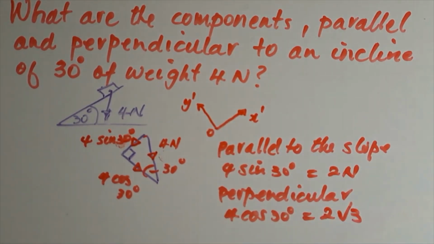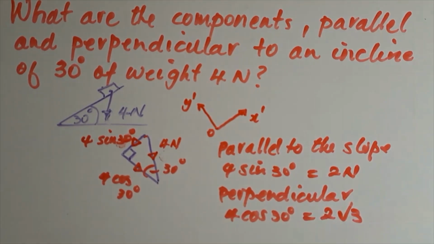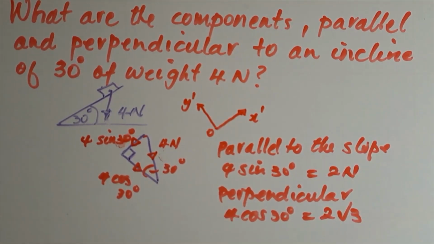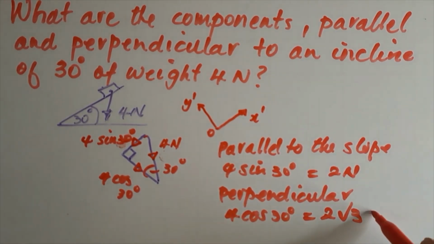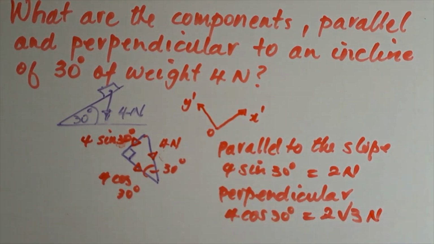So cosine 30 is root 3 over 2. 2 root 3 is approximately 3.5 newtons. So this is the most accurate, 2 root 3.